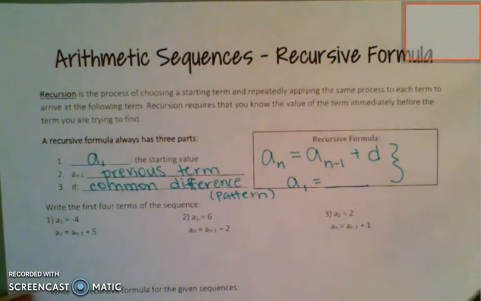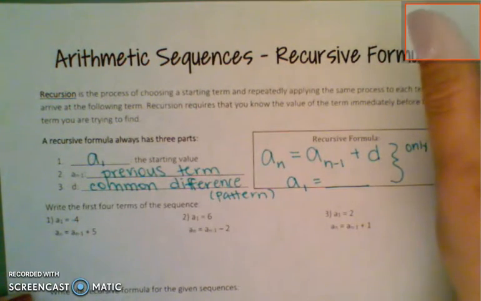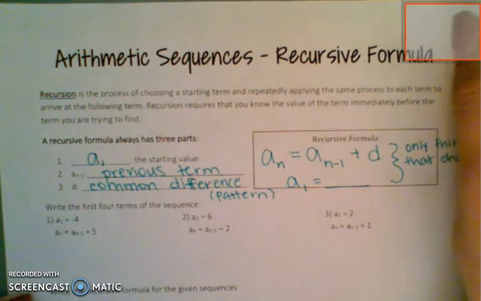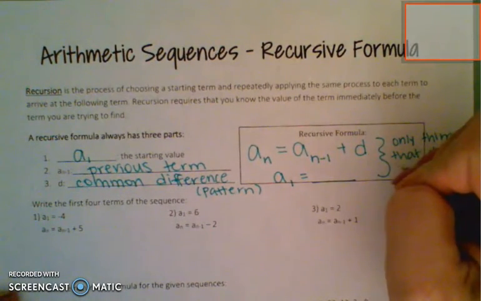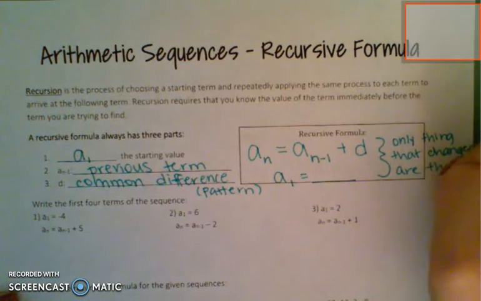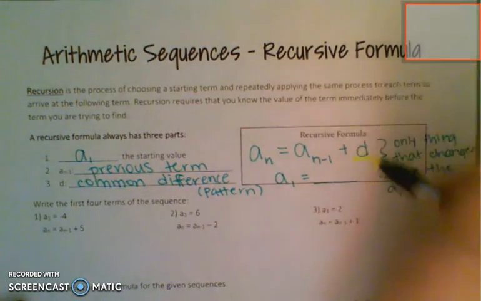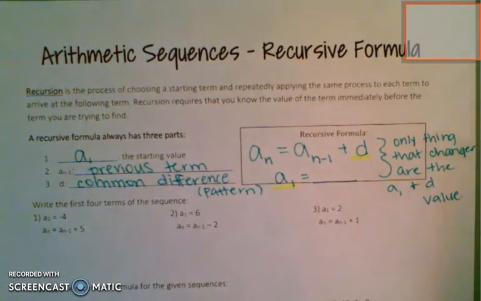So the only thing that changes are the A1 value and the D value. So that's this one and this one. The A sub n minus 1 is just A sub n minus 1.